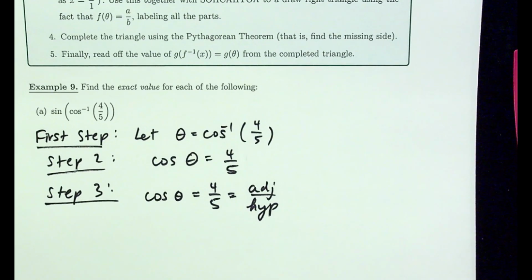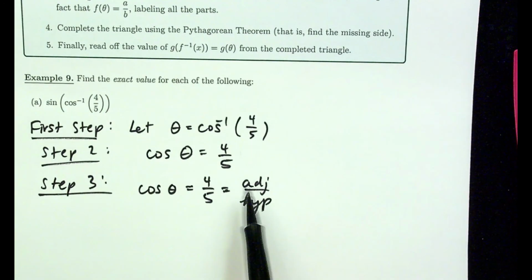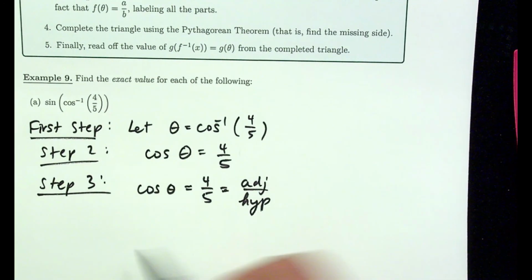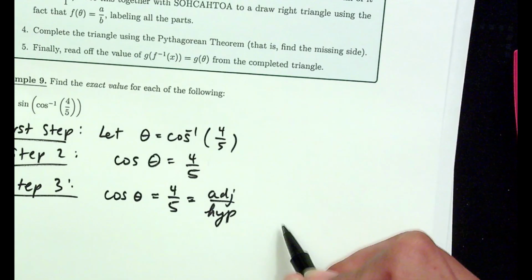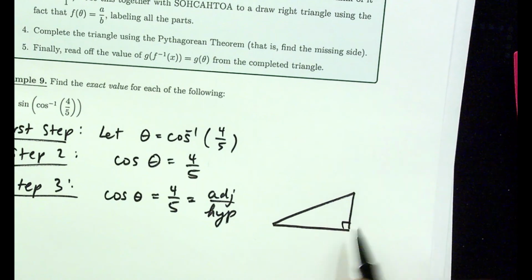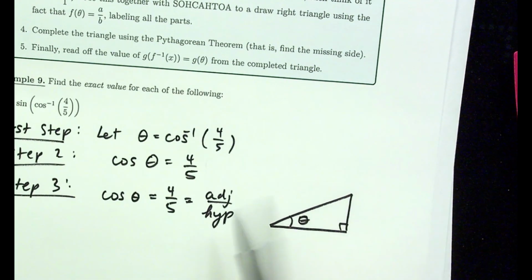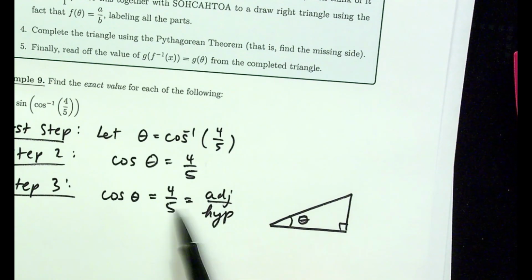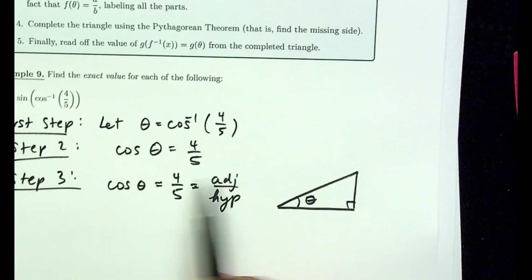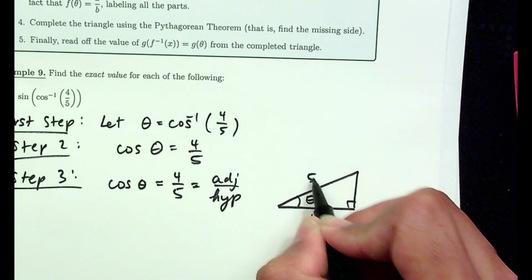So now I'm going to think of this as a ratio, adjacent over hypotenuse. And then I'm going to draw a triangle using this fact. Let's call this angle theta. The adjacent is 4, the hypotenuse is 5. So this is 4, and this is 5.